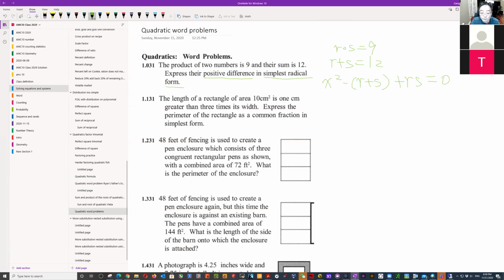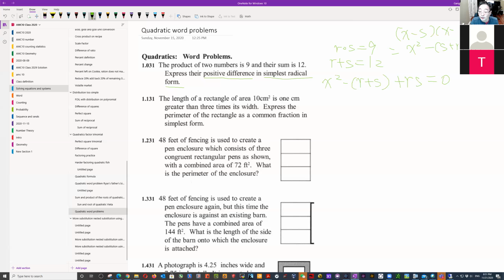You can actually derive this directly: x minus s and x minus r. If you expand it, it's x squared minus (s plus r) x plus sr.